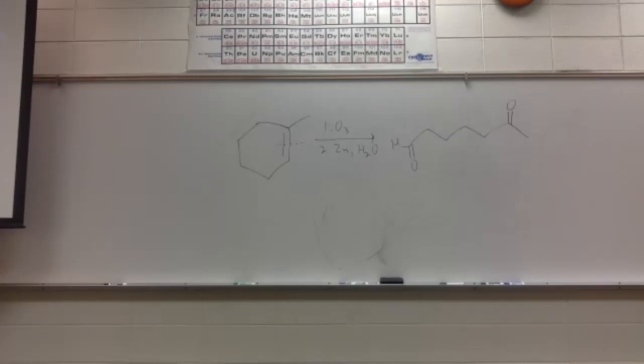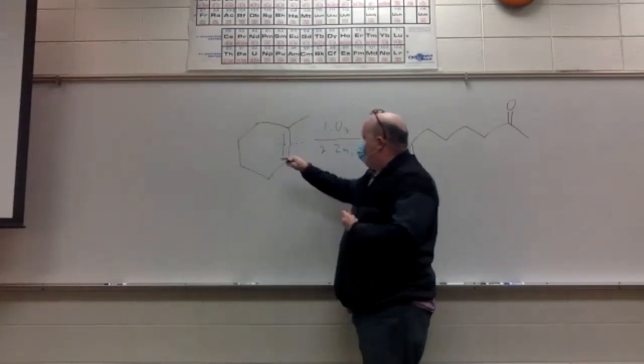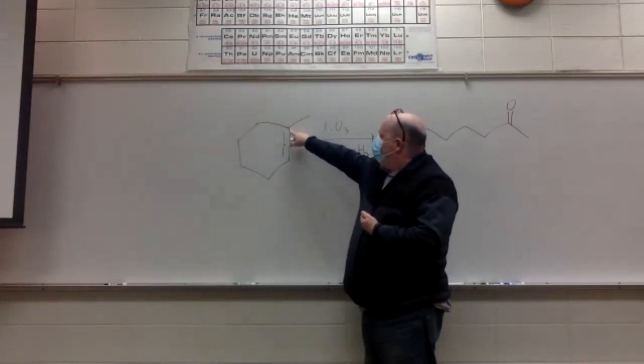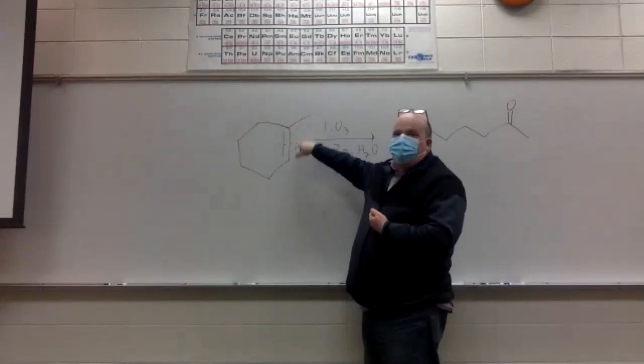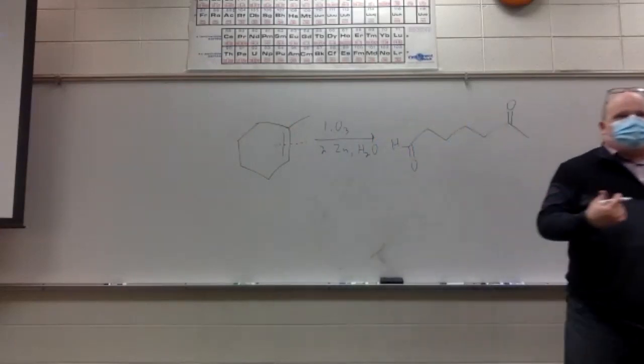Why are there two oxygens? Because when you cleave this double bond, remember each carbon that was involved in the double bond turns into a carbonyl, right? And so oxygen is an inherent part of a carbonyl.